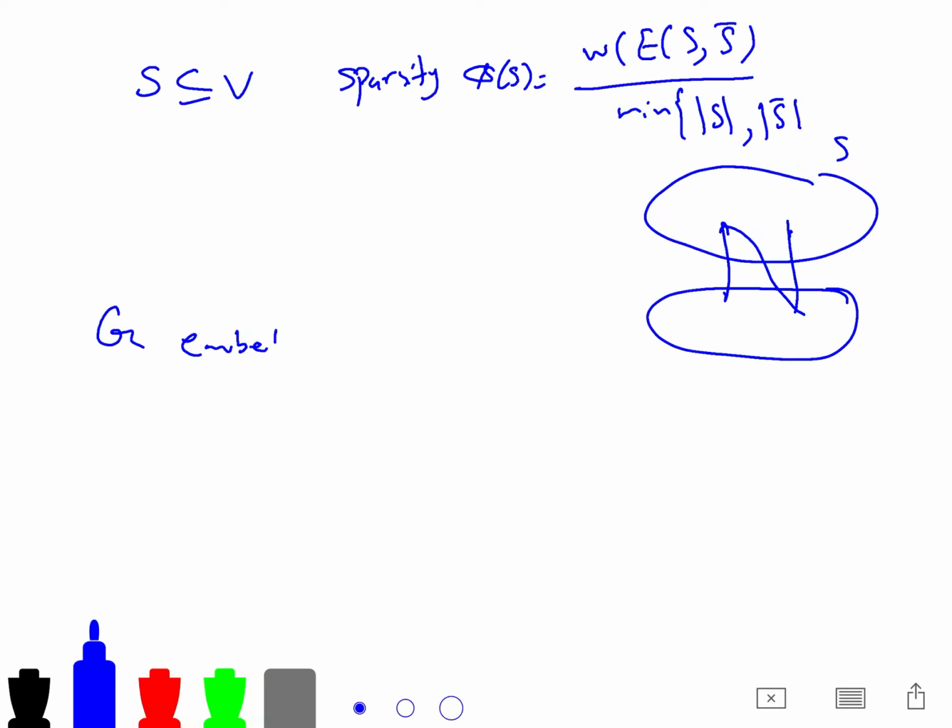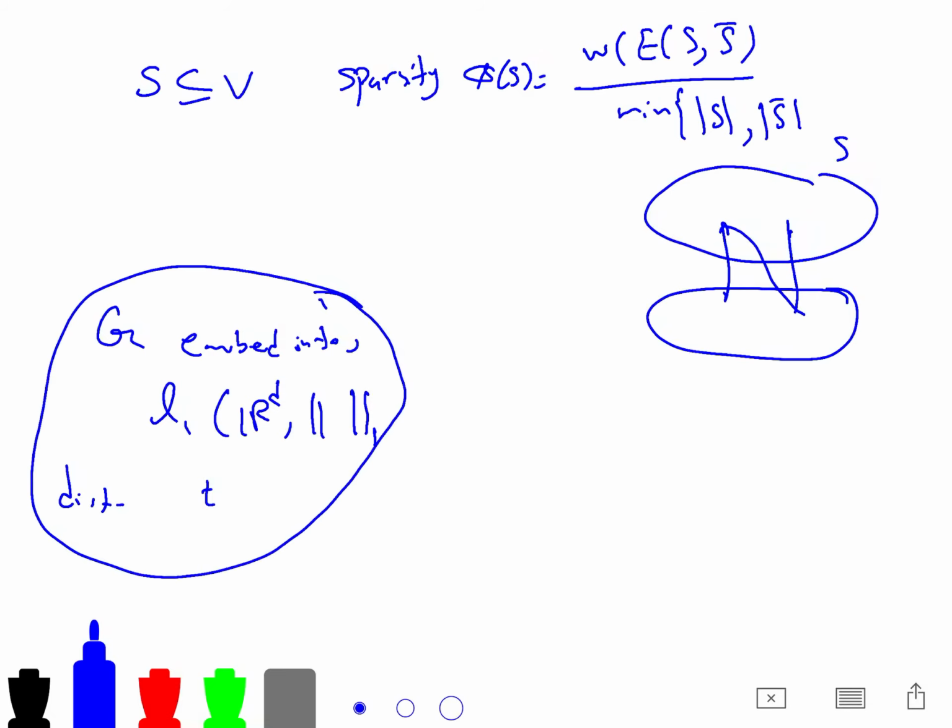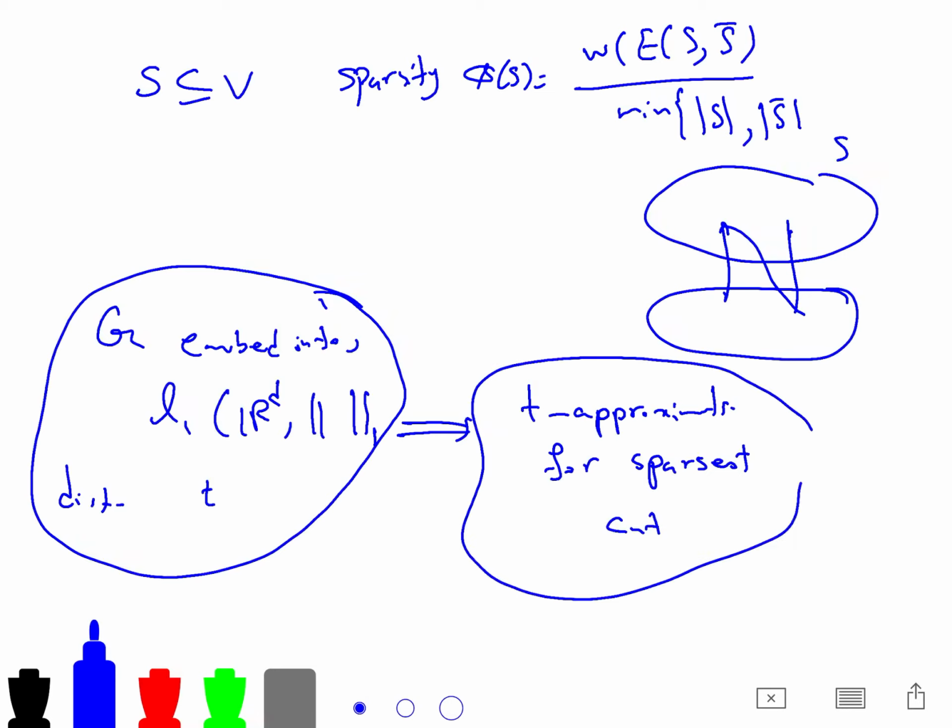If G embeds into L1 of R^d with distortion T, solving this problem is like solving a T-approximation for sparsest cut, and there are many articles about this fact.